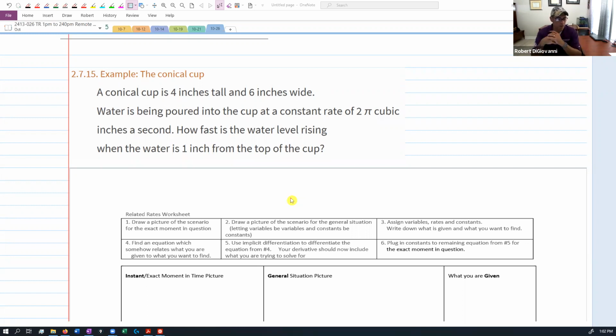So let's do this one. My plan is to do 2 more. I only have time to do 2 more of these, and we must move on. When I give you a review for your test, which is next week, I will give you a couple of problems on related rates on the review. Here's what I would expect on the exam. I would expect to give you 3 related rate problems where you choose either 1 or 2 of them.